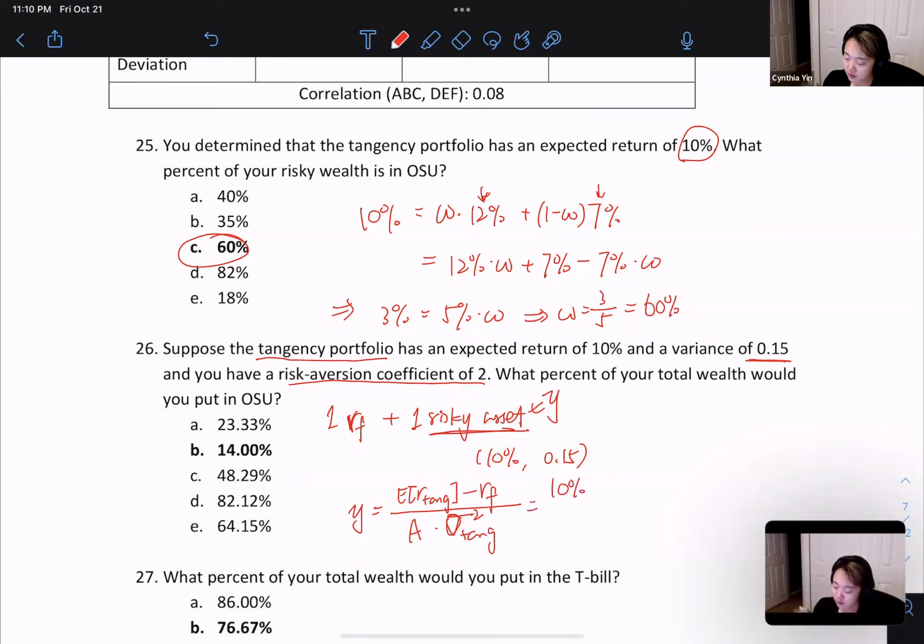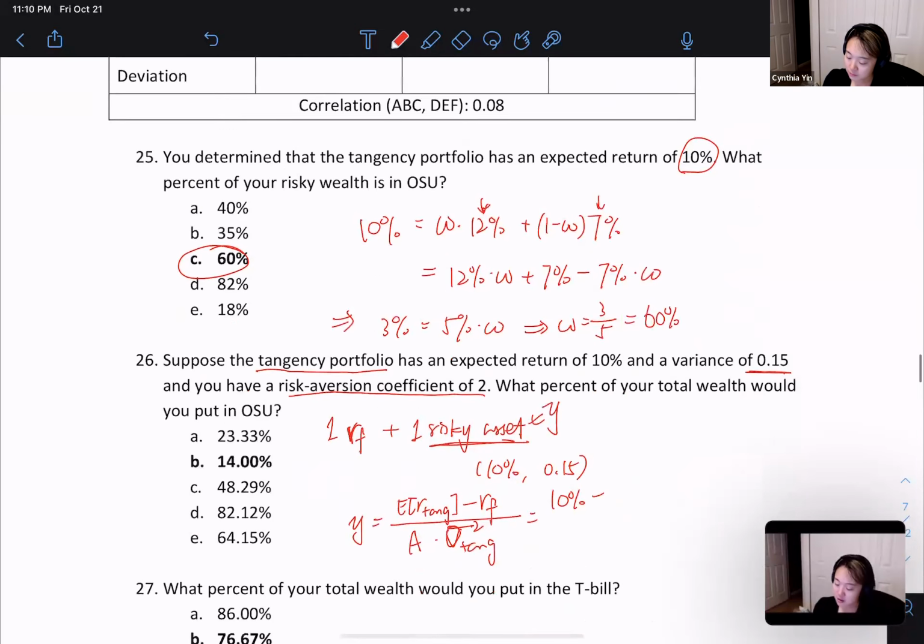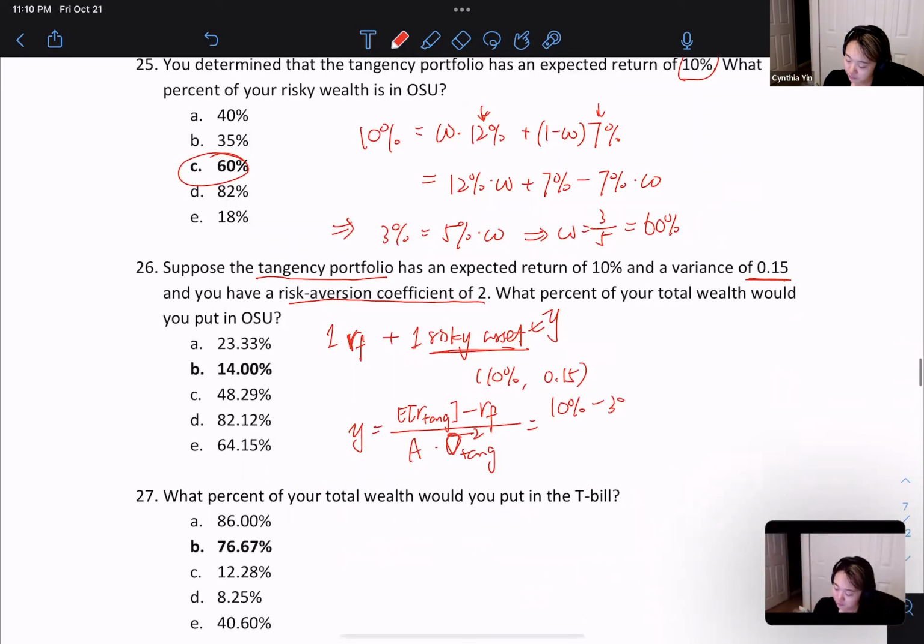So it's 10% minus the risk-free rate of 3%, divided by 2 times 0.15. So it's 7% divided by 0.3, right? So let me double check the answer.